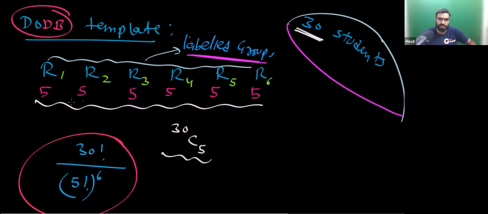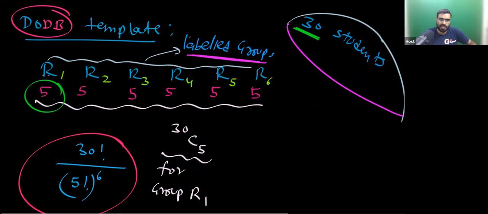From 30 students, you select 5 students and give to label R1, for group R1. Agree? Is this point clear? Give to this group R1, or I can say Gryffindor in the Harry Potter movie.